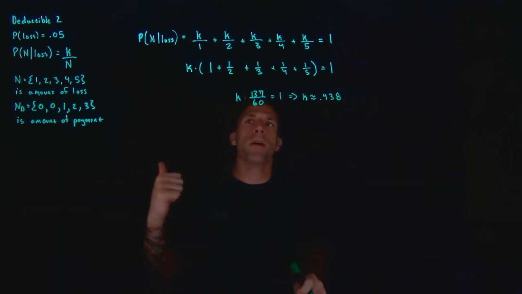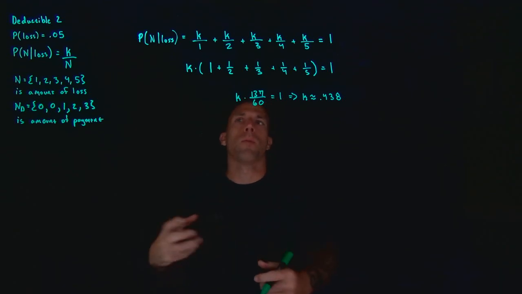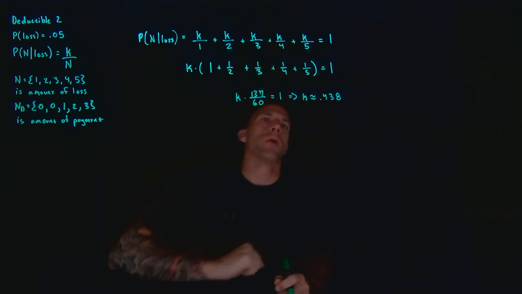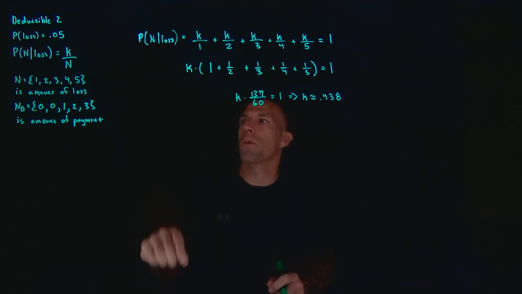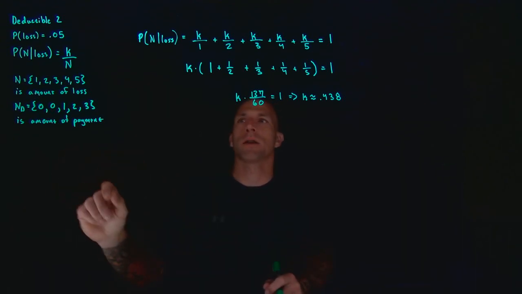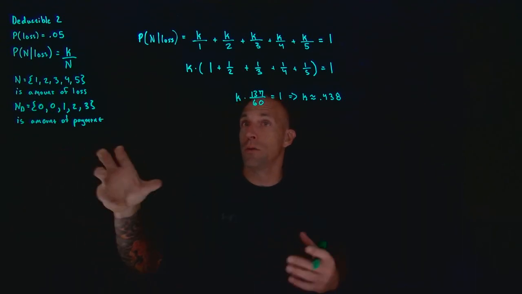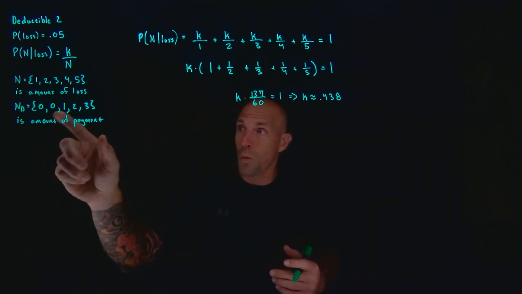So step 1, solve for the constant of proportionality using the law of total probability and our expression for the probability of the amount of loss. Step 2, use it on the expected value with the amount of payment.